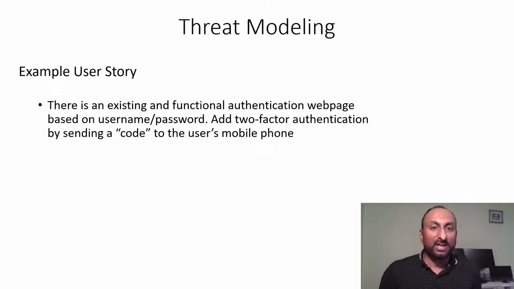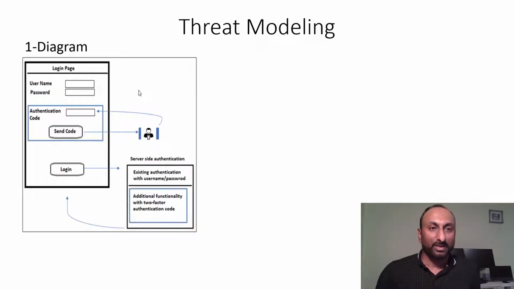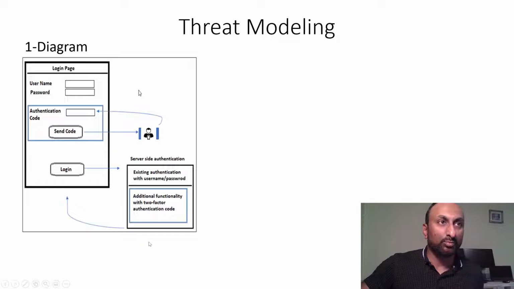So let's see how we can draw a diagram for this user story. This diagram is very basic, which shows at least a server-side component and what we need to add in this server-side component. The process flow will be something like this.